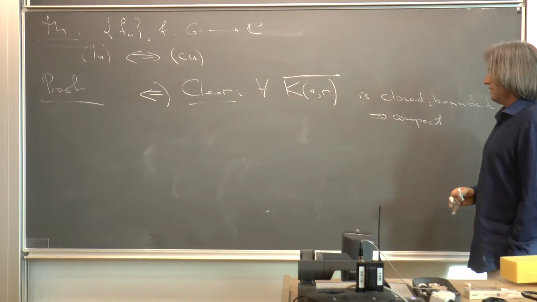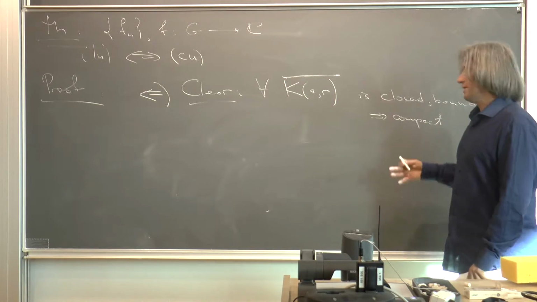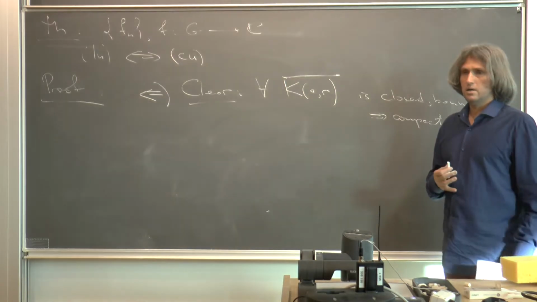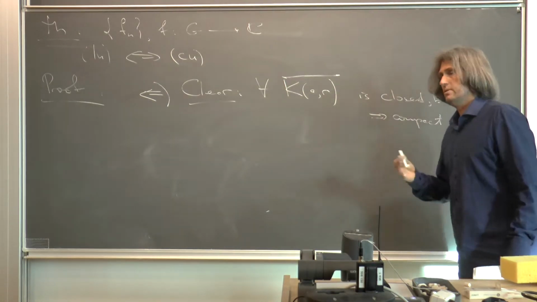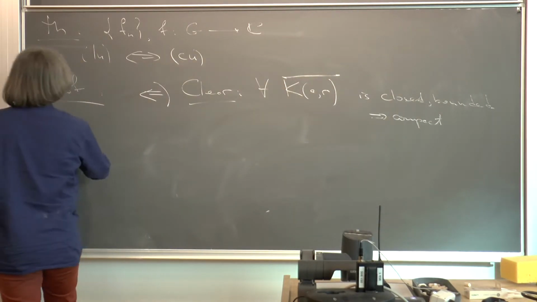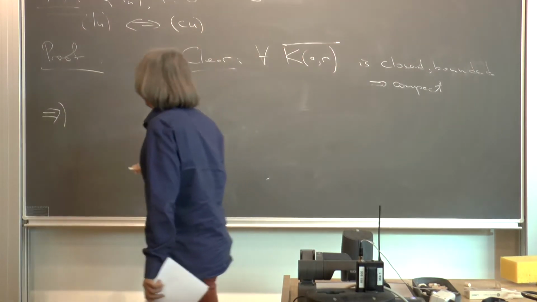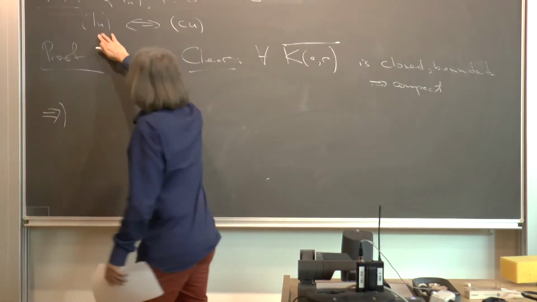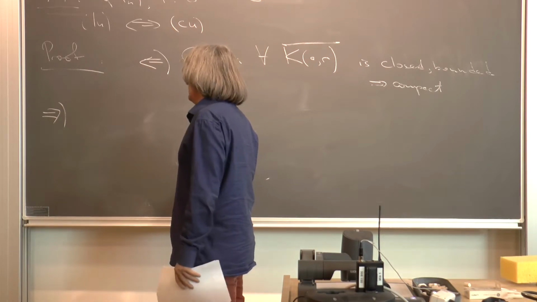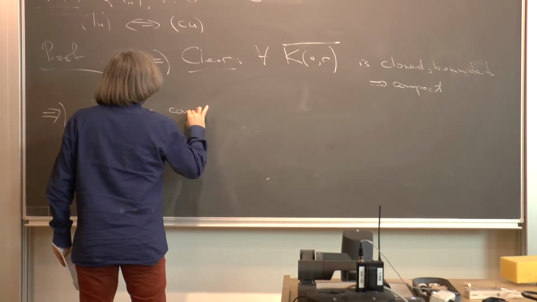So if we have uniform convergence on compacts, in particular, we'll have uniform convergence on any closed disk. So this is not interesting. The interesting direction is this one. So we have local uniform convergence, and we want to prove uniform convergence on compacts. So let K in G be a compact subset.